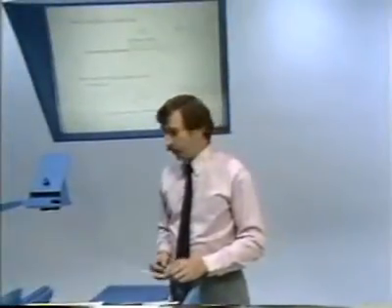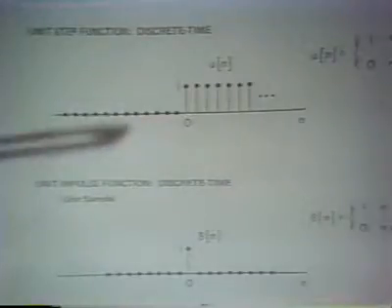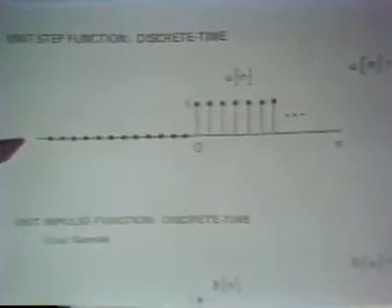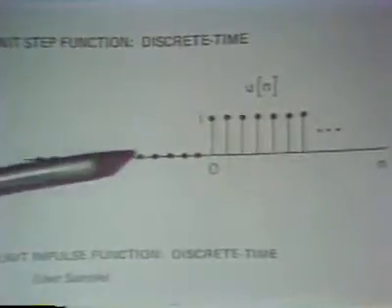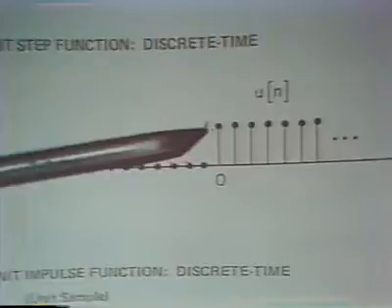The discrete time unit step is a sequence, as I've indicated here, specifically a sequence which is 0 for negative values of its argument and equal to 1 for positive values of its argument.